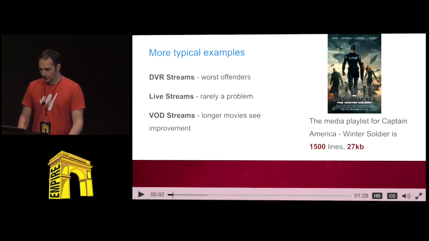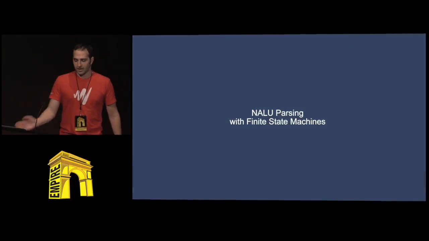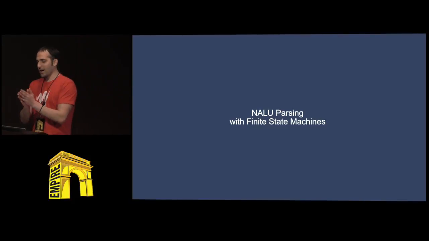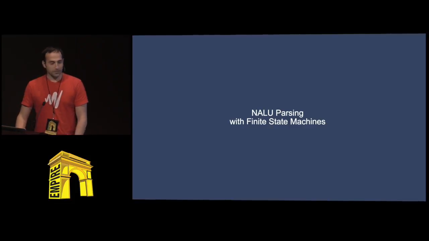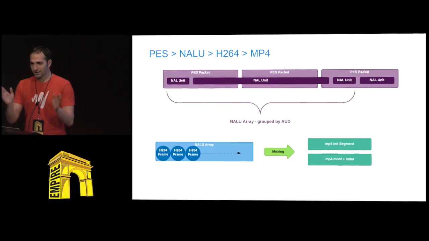Okay. So the third differentiator: NALU parsing with finite state machines. First, I've got to give you guys a quick refresher. We started with the MPEG TS file, then we had the TS packets. The TS packets became PES packets. And if that wasn't enough, one or more PES packets can beget one or more NAL units, or zero, if it's like an in-between one.